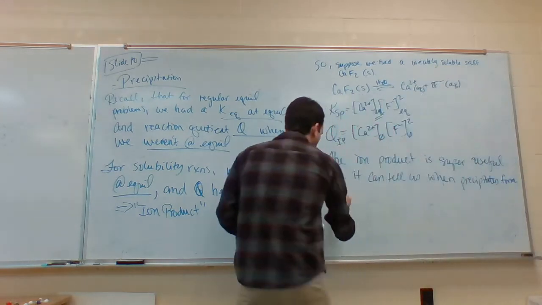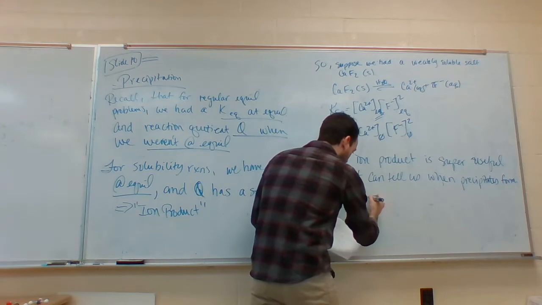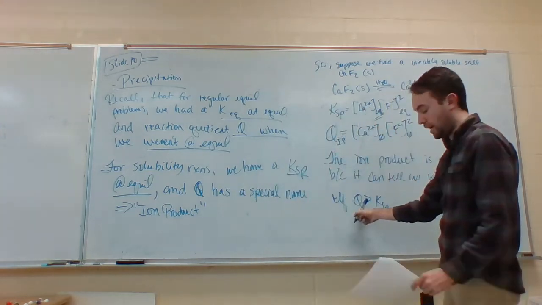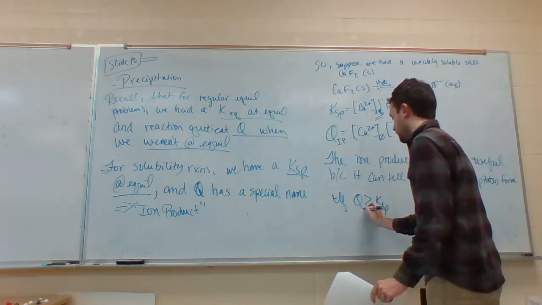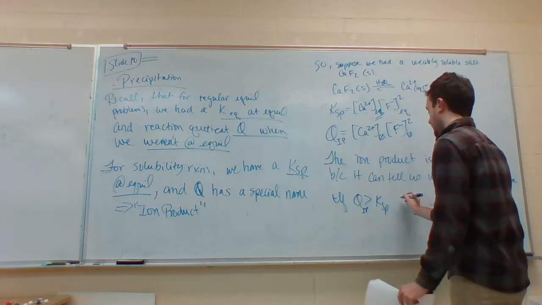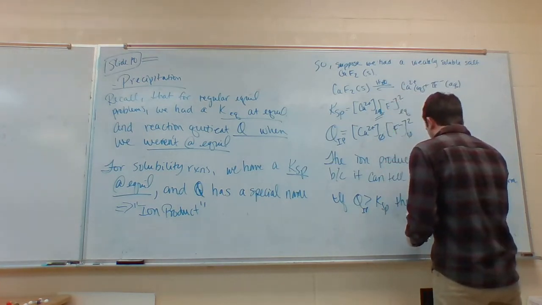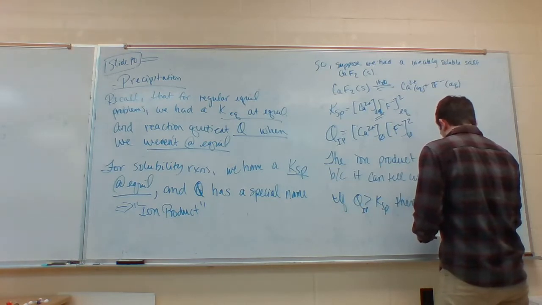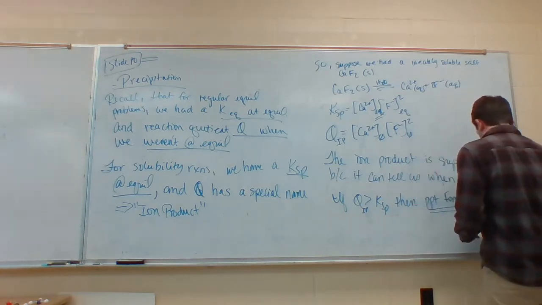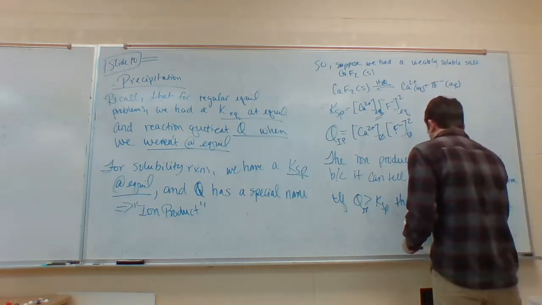Now, if Q is greater than Ksp, so if our ion product, and I'll use the little IP again so that you know, if our Qip is greater than our Ksp, then a precipitate will form until the equilibrium is reestablished.